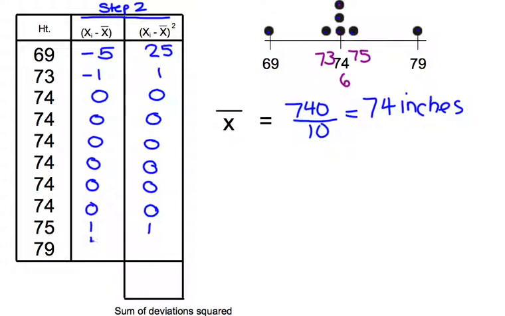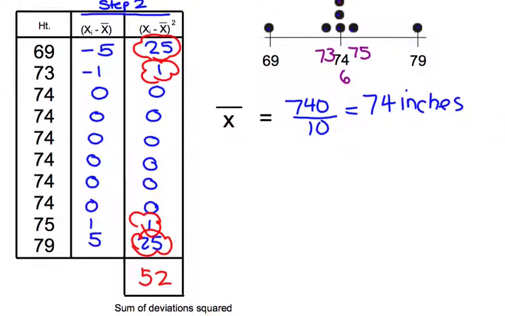And now we're going to square it, and we get 25. Now we're going to go ahead and add up all of the values in this third column. So when we add up 25 plus 1 plus 1 plus 1 plus 25, we're going to get 52. So that is the sum of the squares.